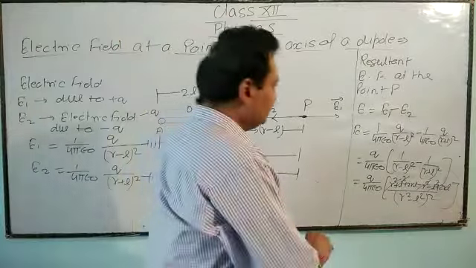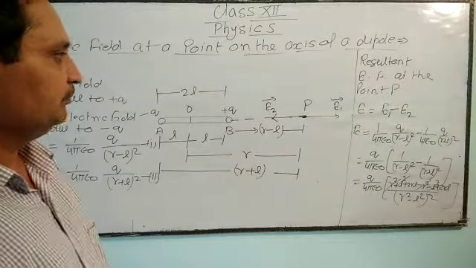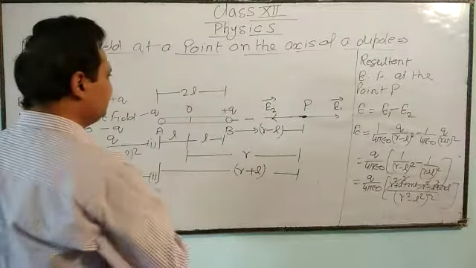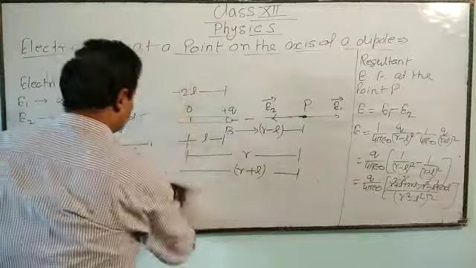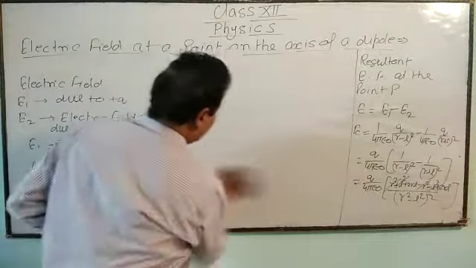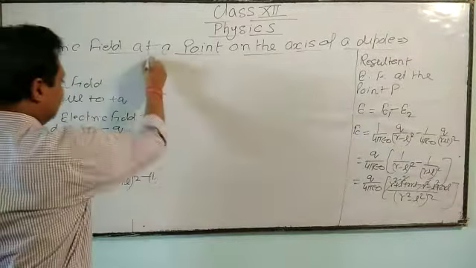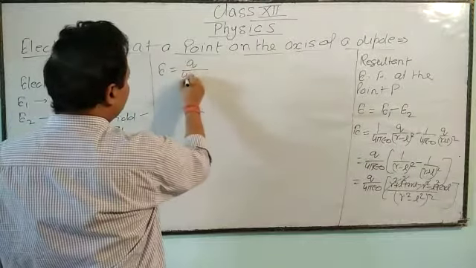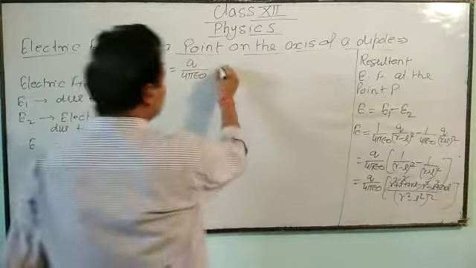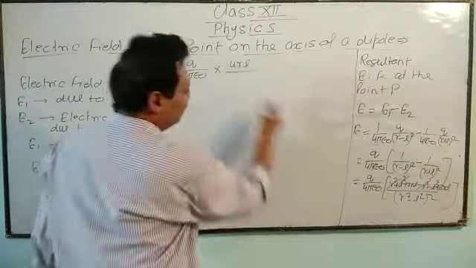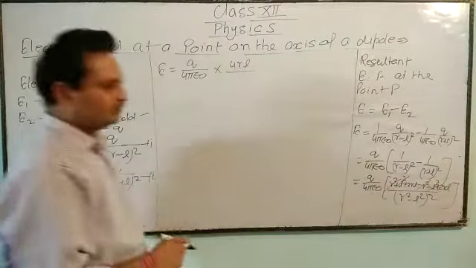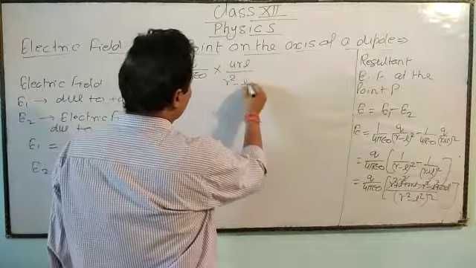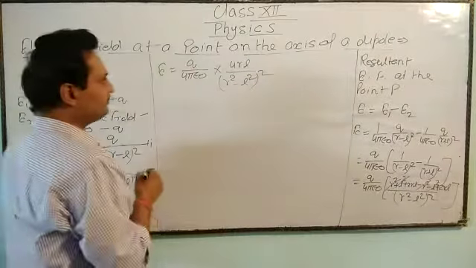So the electric field at the point P is q upon 4 pi epsilon naught into 4rL, because this is 2rL and 2rL is 4rL, and in the denominator is r square minus L square the whole square.